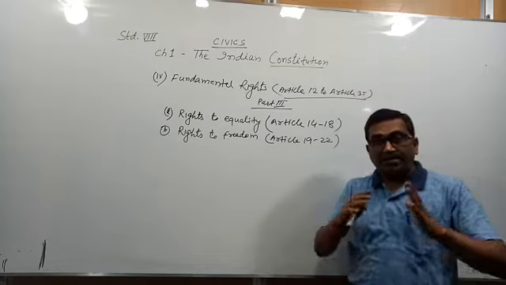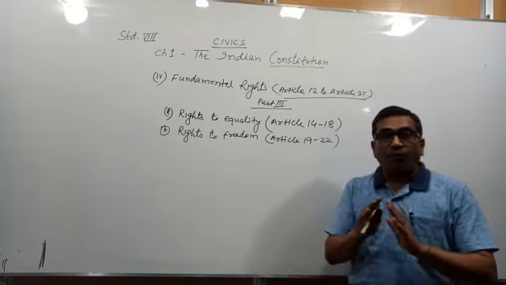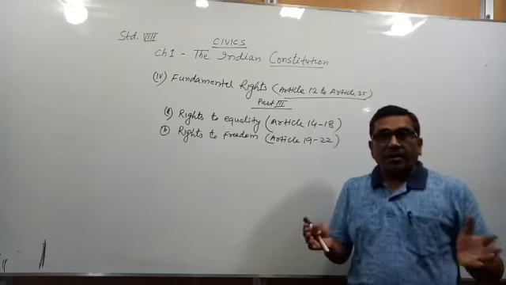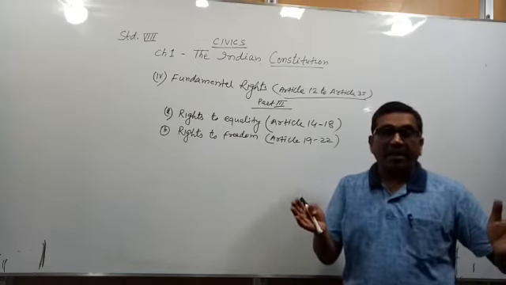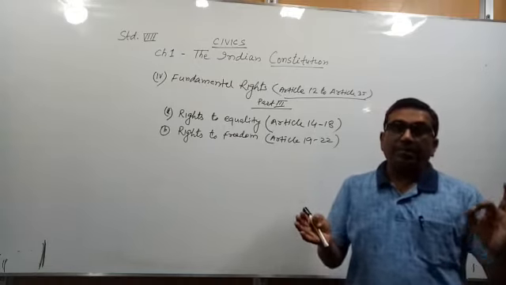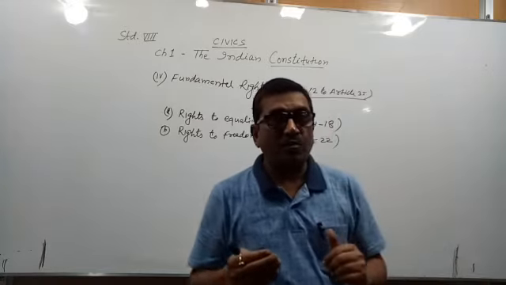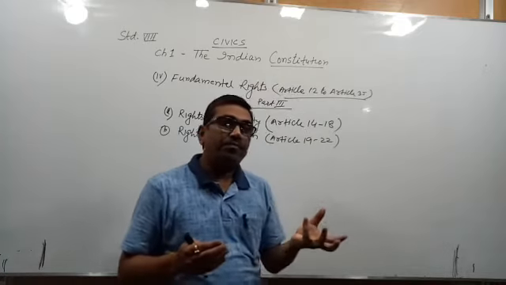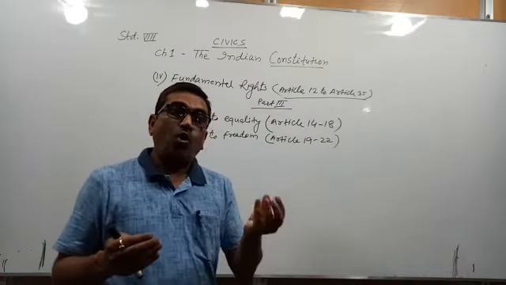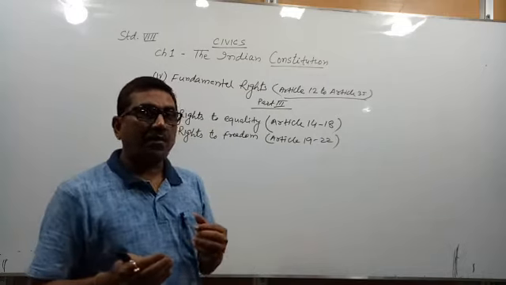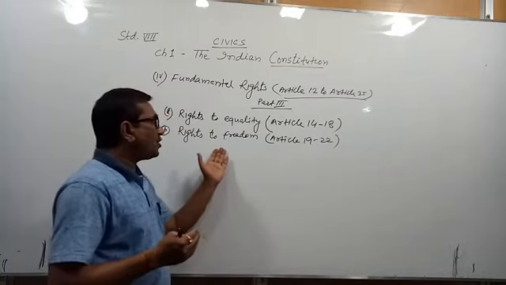We can assemble, we may form unions, we may form political parties. The condition is that when we assemble, it should be without arms. We can go anywhere and settle down. We can take up any occupation that we think suits us. It means this comes under the rights of freedom.